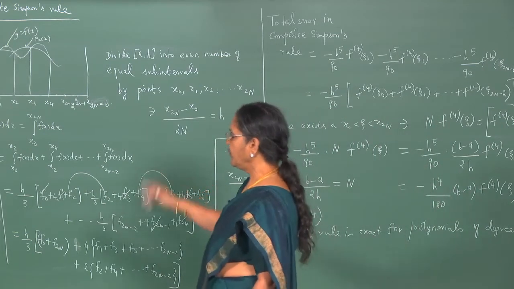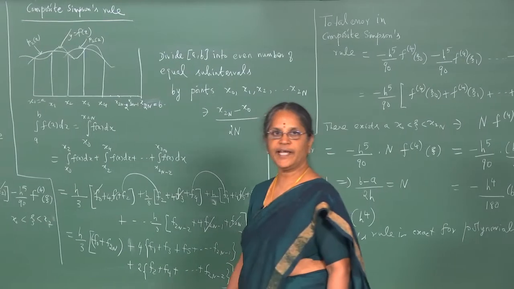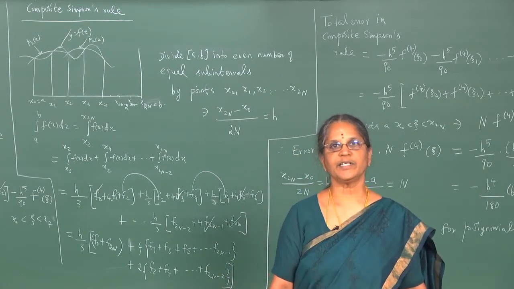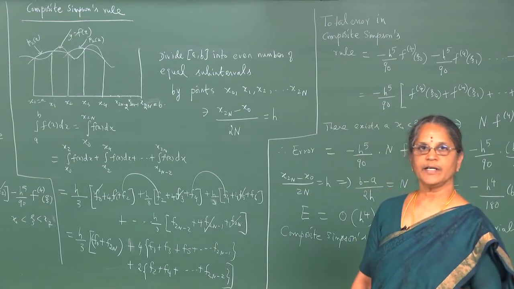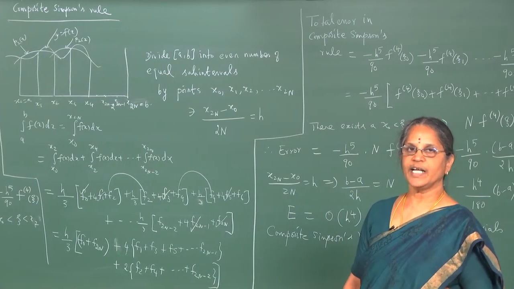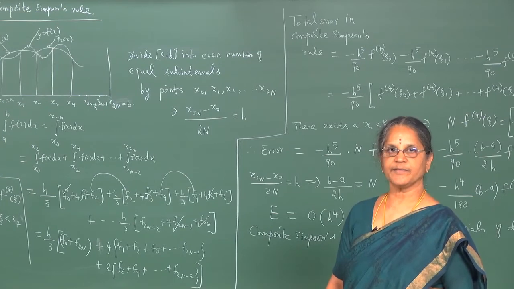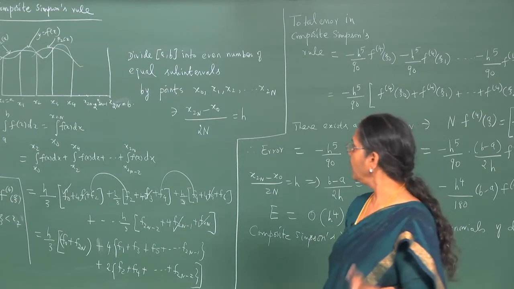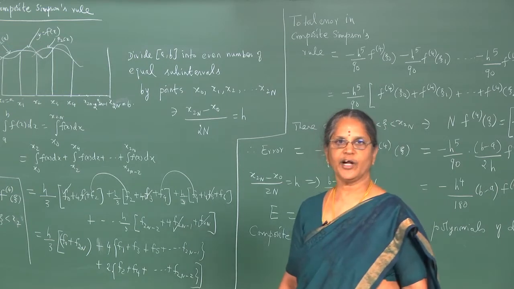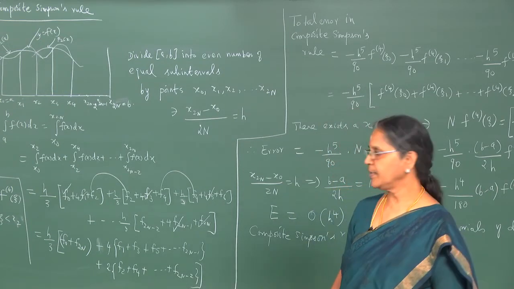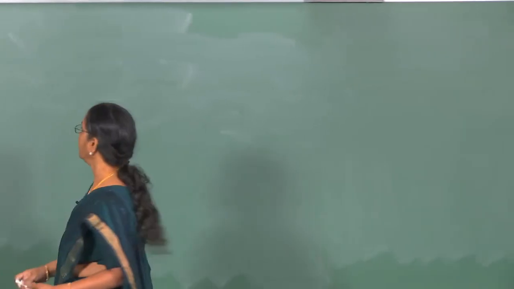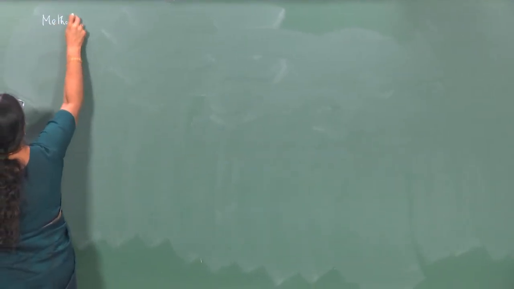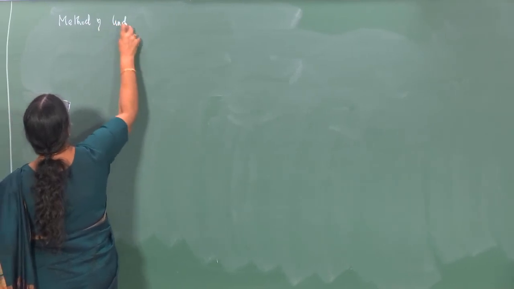So, we shall now explain another method which is called method of undetermined coefficients, using which one can derive integration methods where the points, namely the nodes xi, need not be equally spaced. So, let us explain what is the method of undetermined coefficients.